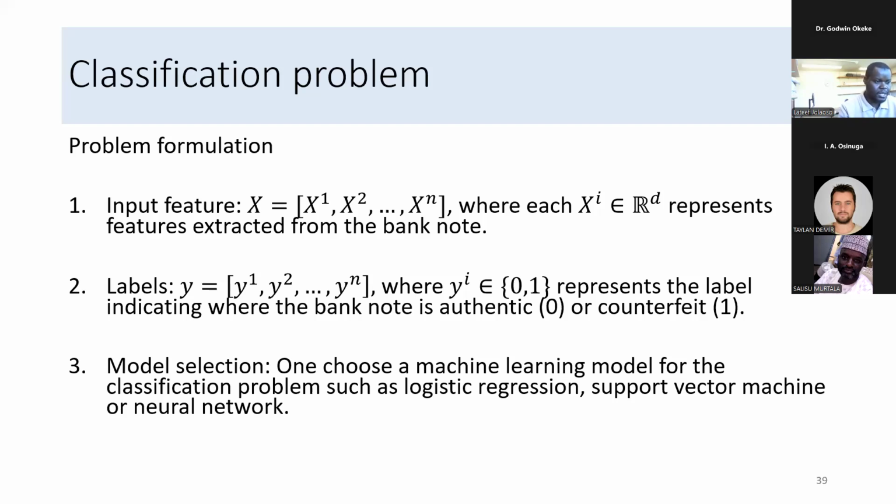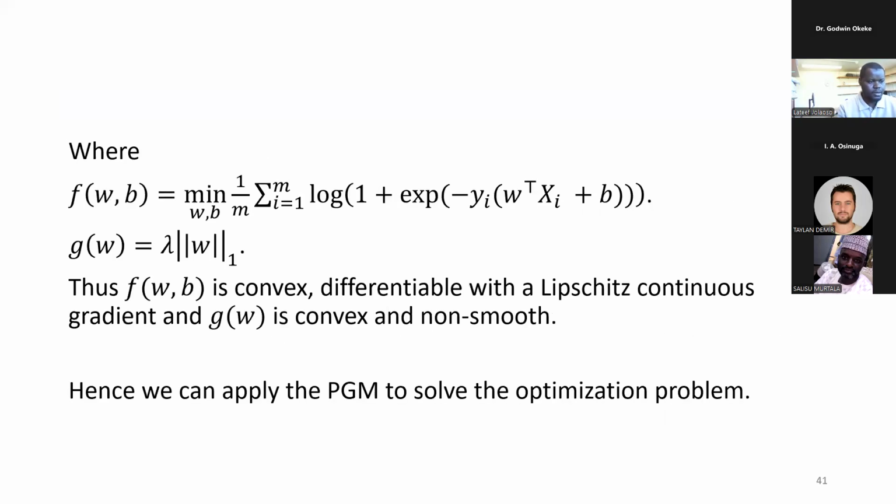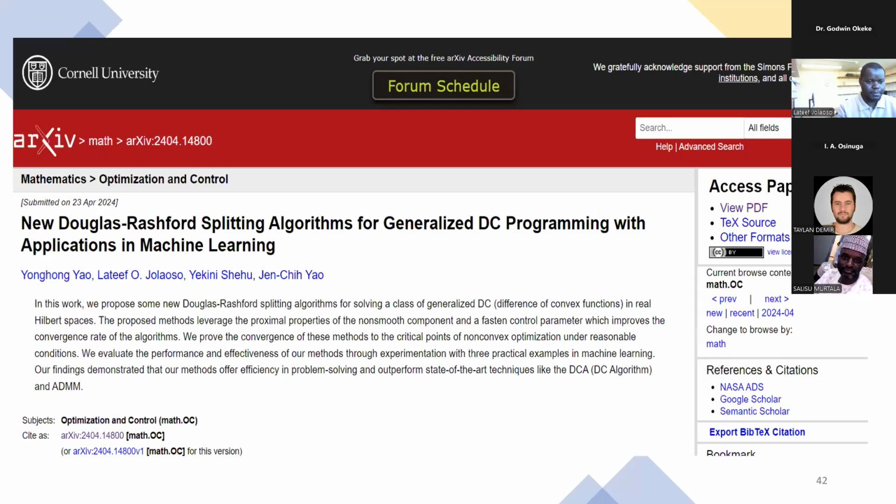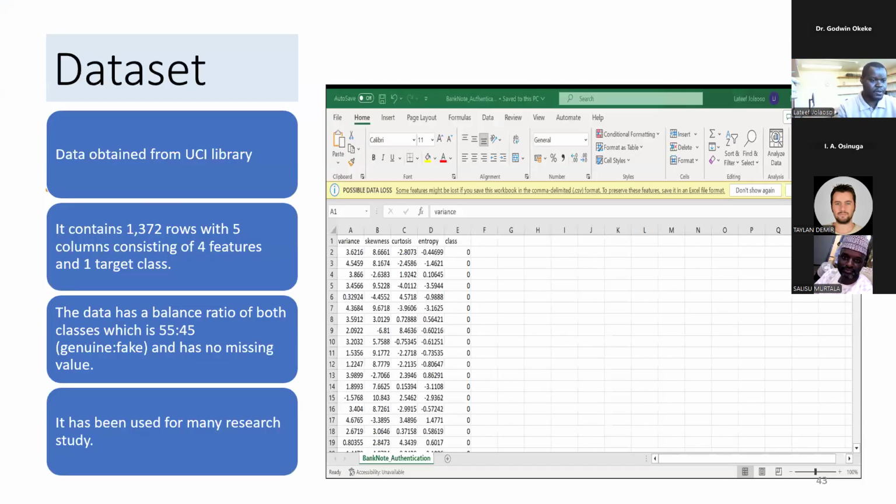We do some experiments on this, which falls into a classification problem. We have the data set. I present an example of the data set. So I'm still coming there.